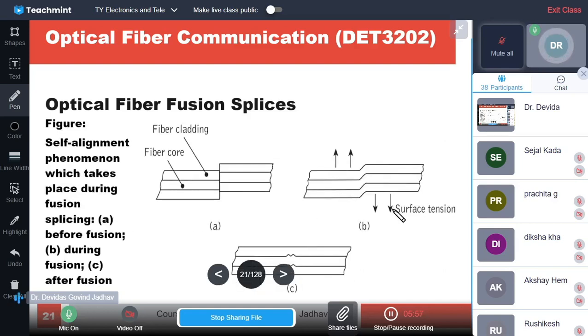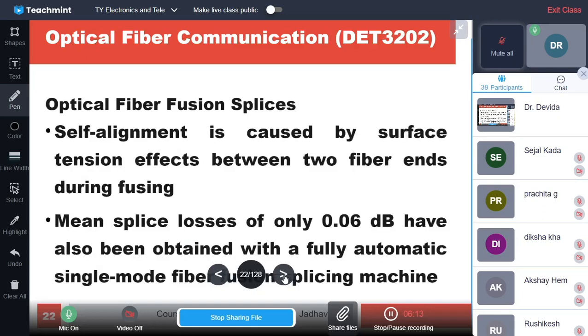There is a physics property which is helping in this, that offsets are automatically removed with the surface tension, and which is called self alignment. So this is self alignment. Self alignment is caused by surface tension, and mean splice loss of only 0.06 dB can be achieved with this.